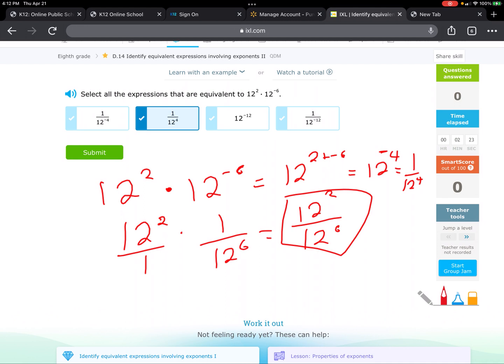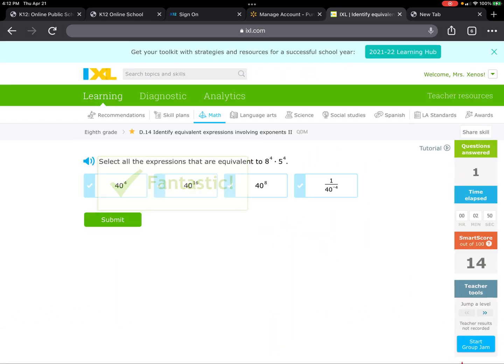Negative 12 can't be an answer because the only way we would get negative 12, and this is a wrong way to do it, is to multiply them. And we don't multiply the exponents when it's multiplication. We add them. So this would be 12 to the negative 4th power, not to the negative 12 power. And honestly, I really think that's the only answer choice that works on here. Let's try it out. Great.